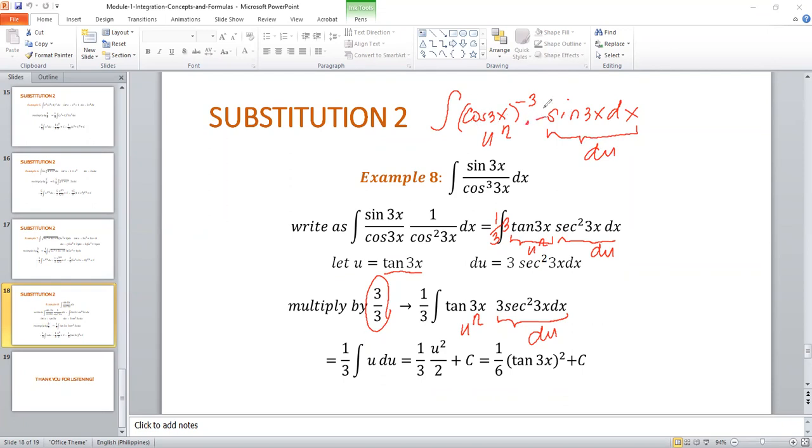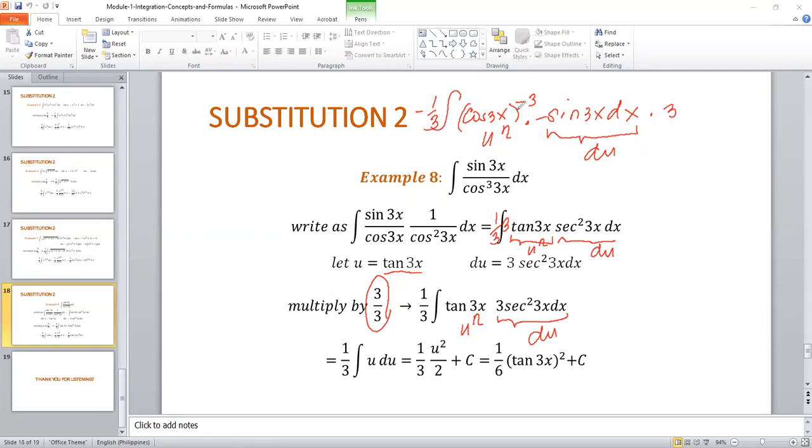It's negative sine 3x times 3 dx. So you need negative 3 in here, so you place here negative 1/3. Do you follow? So your cosine 3x has the derivative negative 3 sine 3x dx. That's the complete derivative using chain rule. So you introduce your negative 3, you should have negative 1/3 before your integral.